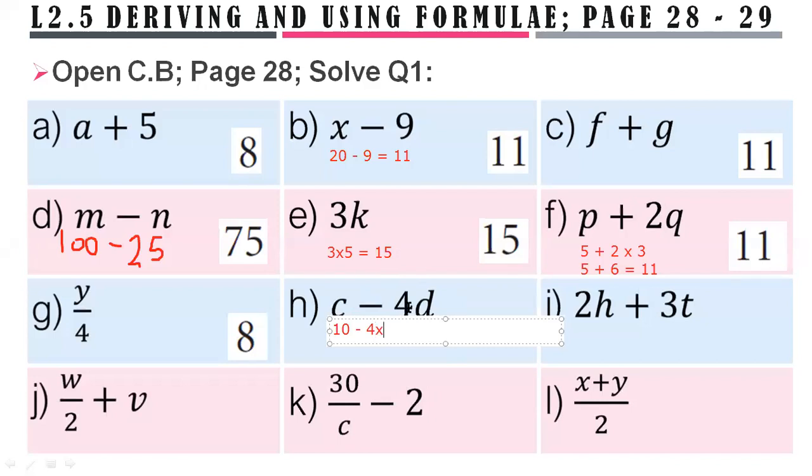Yeah. 4 times 2. So you have subtraction and you have multiplication. Which one should you start with, Yafa? Multiplication. Okay, so what is 4 times 2? 8. So it's gonna be 10 minus 8. The answer will be 2. Okay, so don't forget it. Thank you, Yafa.